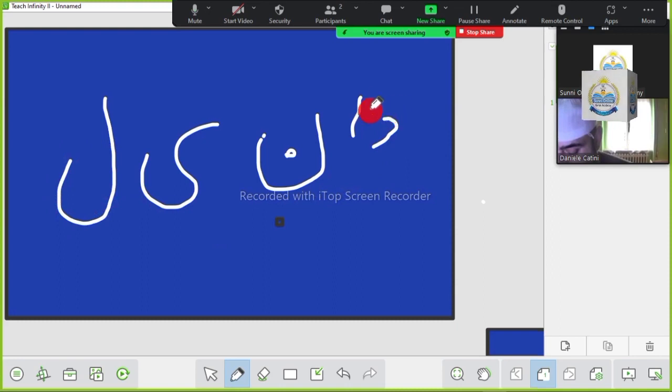These five letters are your name in mufradat letters, and now your name in murakkabat letters.